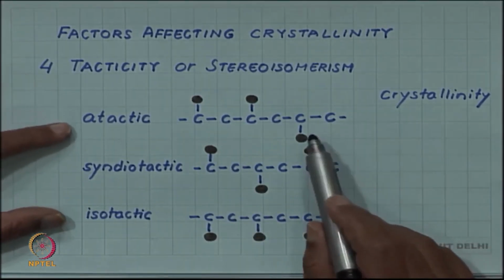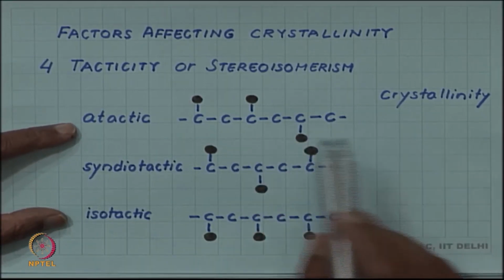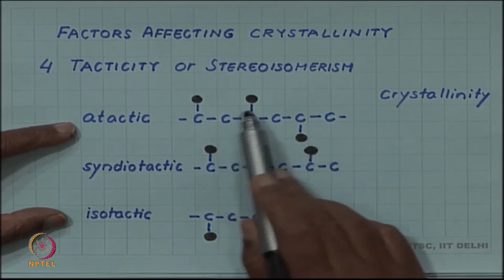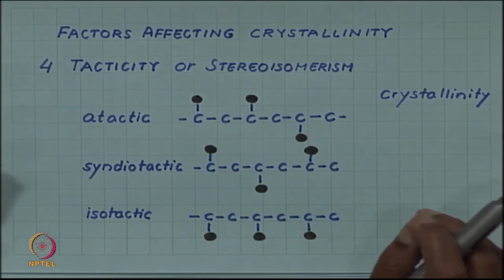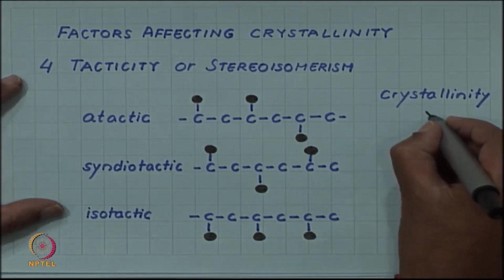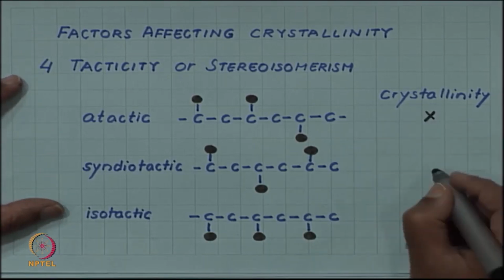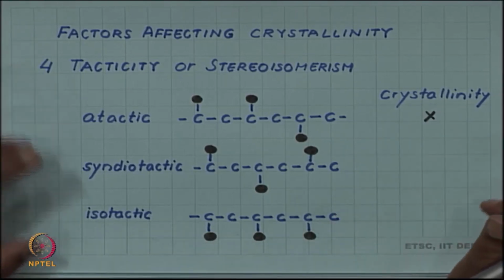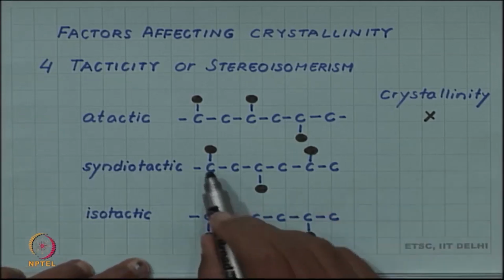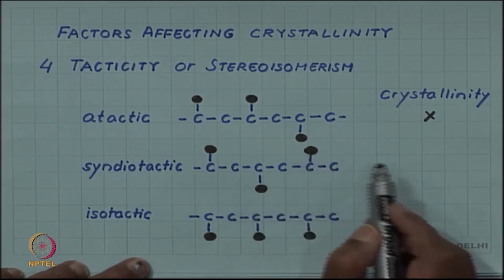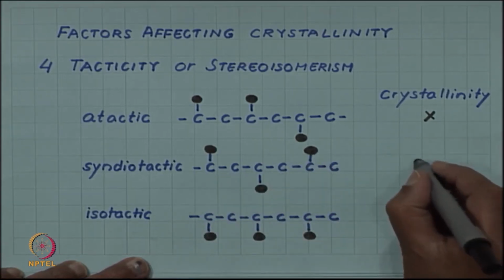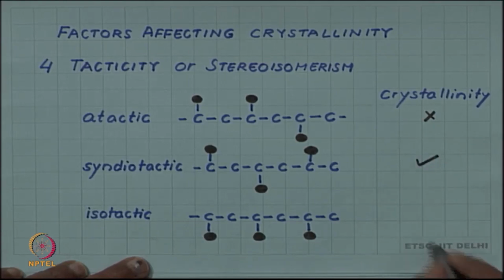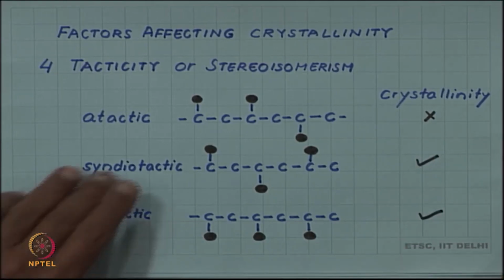You can see that in an atactic polymer, because of the randomness of the side groups, the main chain itself is random, and it will not be possible to arrange them in a crystalline form. So, atactic will not crystallize, whereas syndiotactic, because the side groups come alternately, has an inherent periodicity within the chain, and one can think of packing them in a crystalline way. The same is true for isotactic.